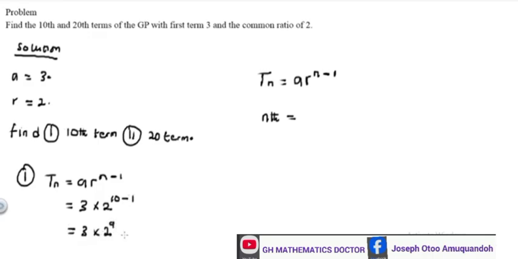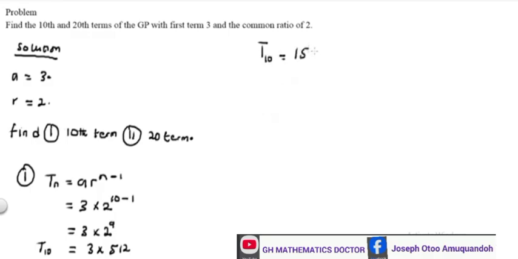From the calculator, 2 exponent 9 is going to give us 512. So T of 10 is finally going to be 1536, and that is the final answer to the 10th term.